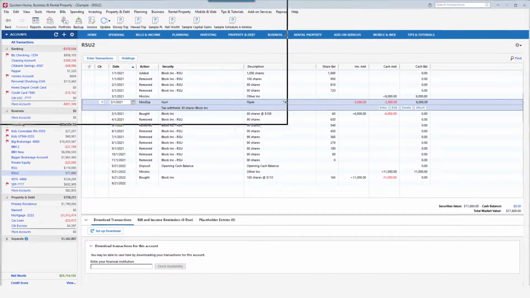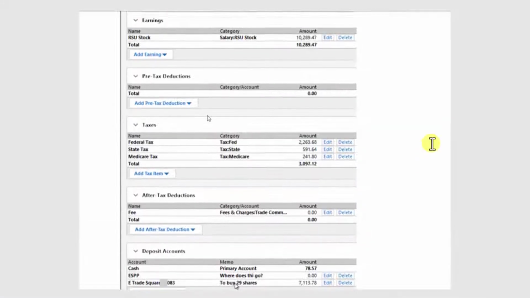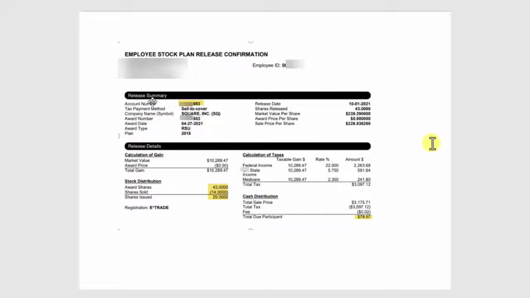and Medicare. What I used to do before all of this functionality, and I may still continue to do that with my clients who are using RSUs, is something a little more advanced. For instance, this is an actual release confirmation, and in here you can see the shares awarded versus the shares sold for the stock and the shares issued.